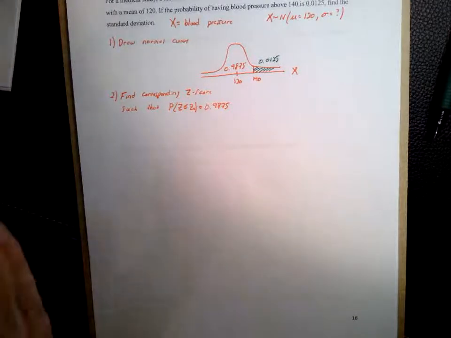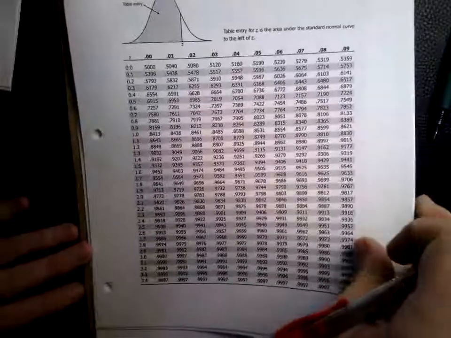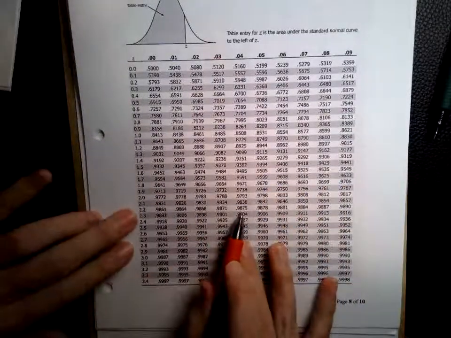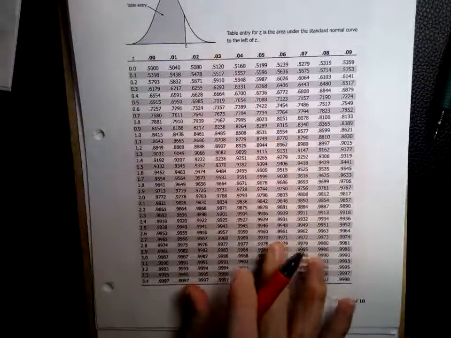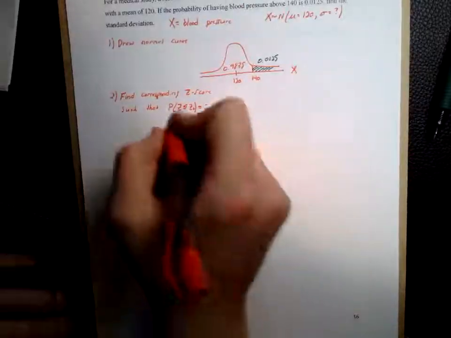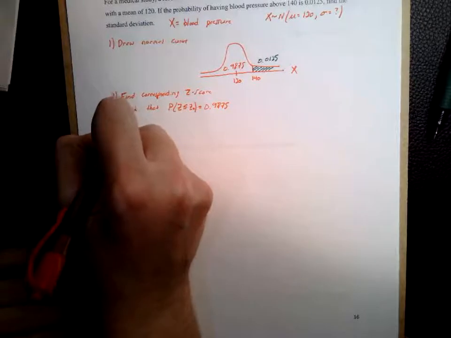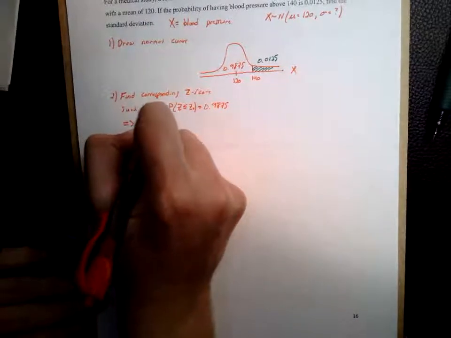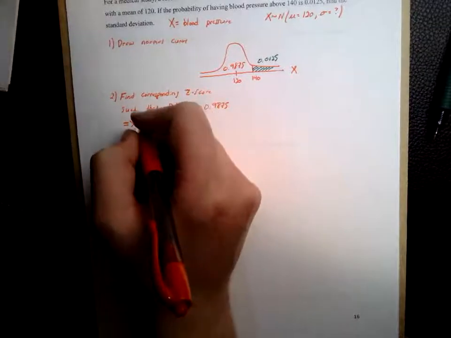Now let's look in the table for the closest one. So 0.9875 is actually right here, 2.24. So this implies that our z0, the unknown z-score, is 2.24.